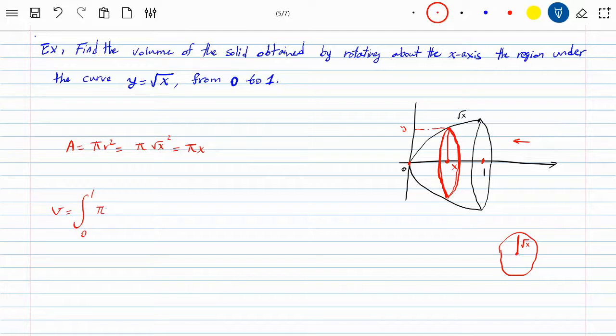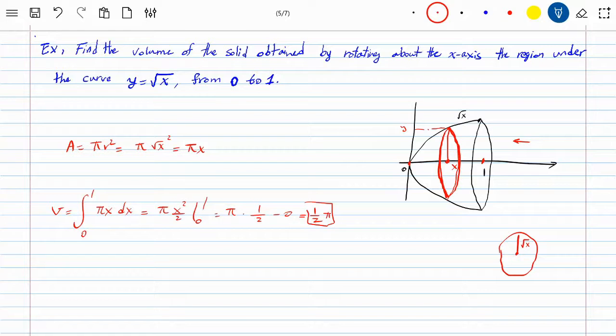The area is pi x, so we integrate pi x dx, which is pi x squared over 2 evaluated from 0 to 1. That is pi times 1 over 2 minus 0, which is 1/2 pi. This is the volume obtained by this rotation.